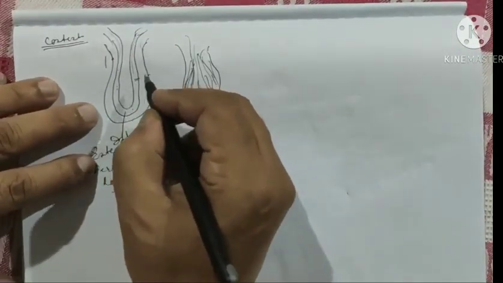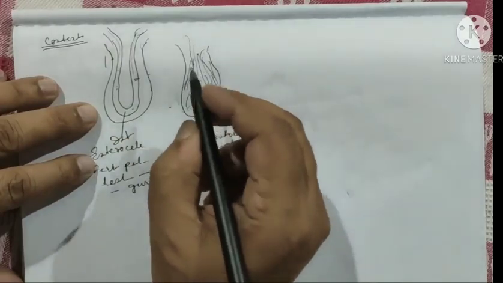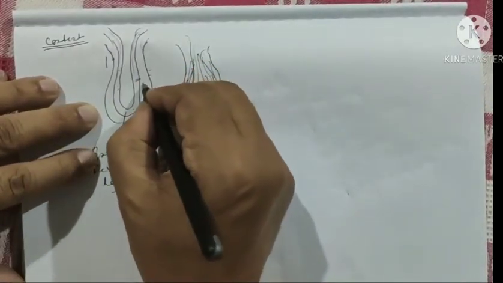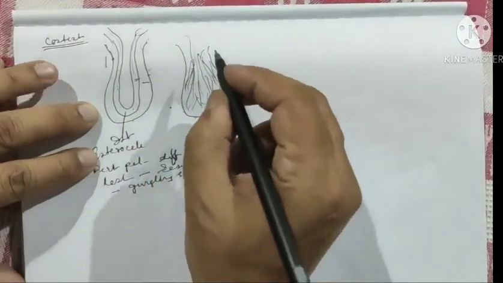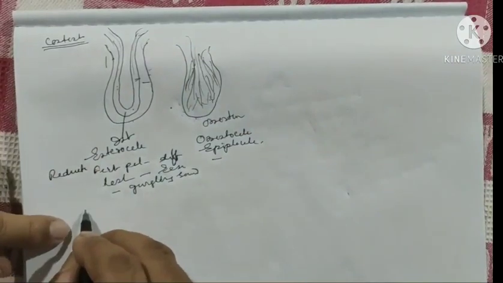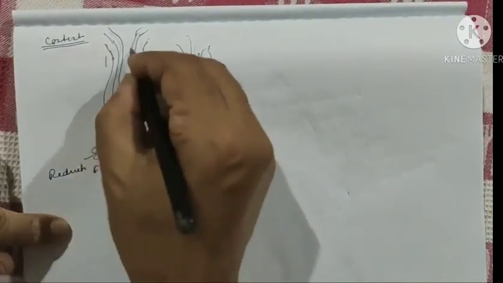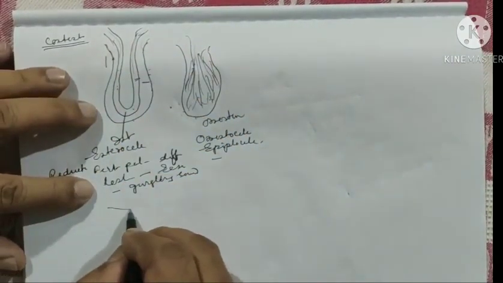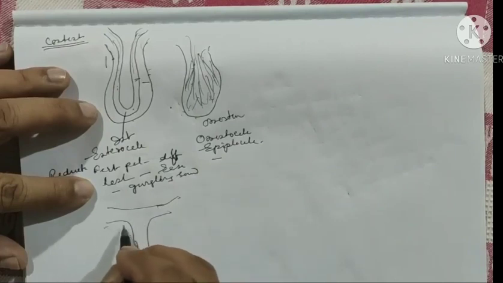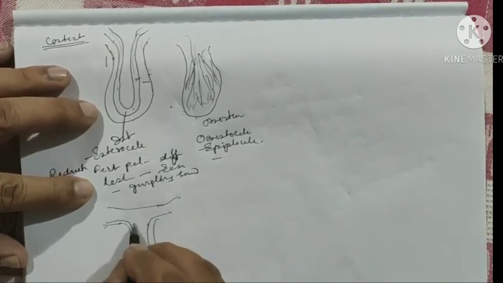Sometimes this may contain some other things also. In case of ascites, it may contain fluid, or sometimes part of the intestine.